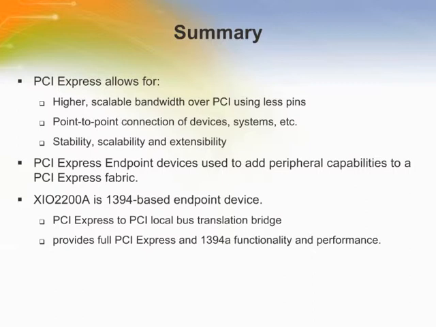There are many examples of peripherals, including 1394 controllers, Ethernet, USB, and graphics devices, that can take advantage of the high bandwidth capabilities of PCI Express. The XIO2200A is a 1394-based endpoint device, a PCI Express to PCI local bus translation bridge, providing full PCI Express and 1394A functionality and performance.